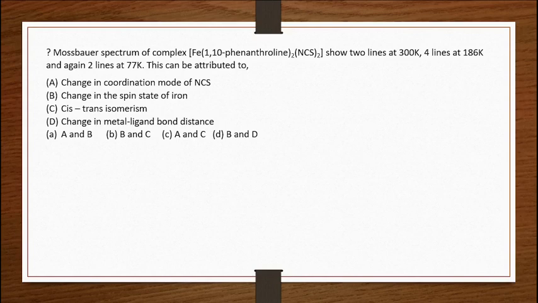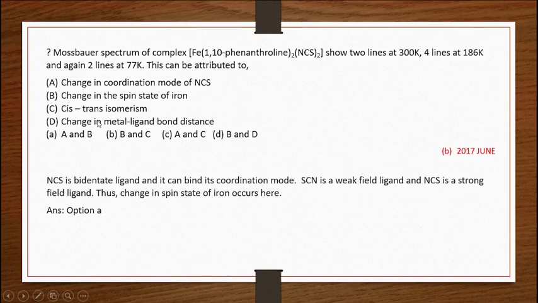It can coordinate through the nitrogen or through the sulfur. So the coordination site of this NCS may change, and this change in the coordination site will give different lines in the Mossbauer spectroscopy. Also, whether it is binding through NCS or through SCN, there will be a change in the field strength of the ligand.